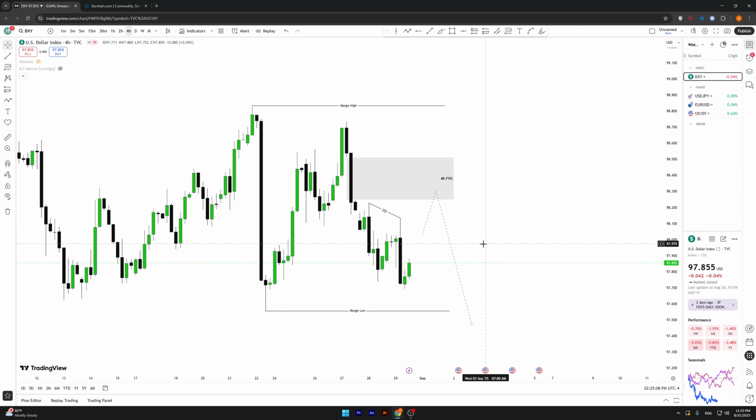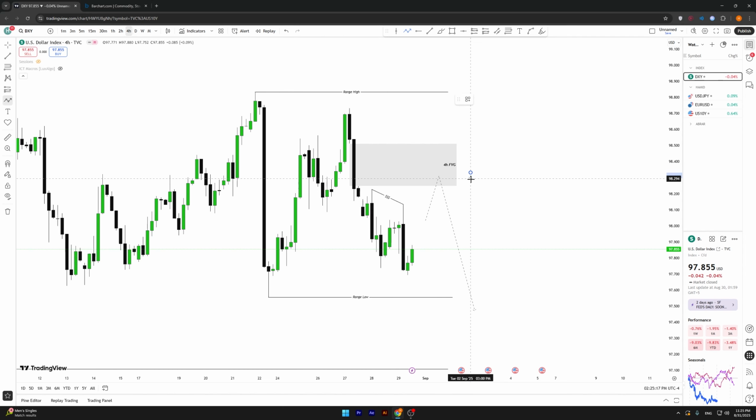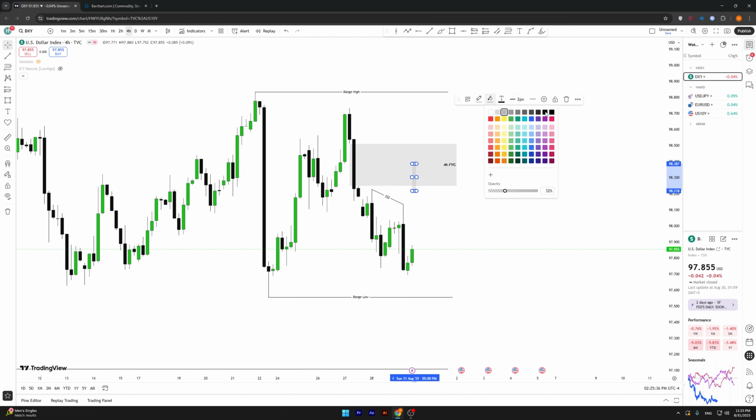Now as price opens, I will expect price to move to this FEG. If price moves to this FEG and gives me a clear sell model in 15 minutes, then I will look for sells to this zone. If price gives me a clear CRT or 15-minute entry model, I will wait for price to create a model like this in 4-hour, and this will be a bullish candle, right?